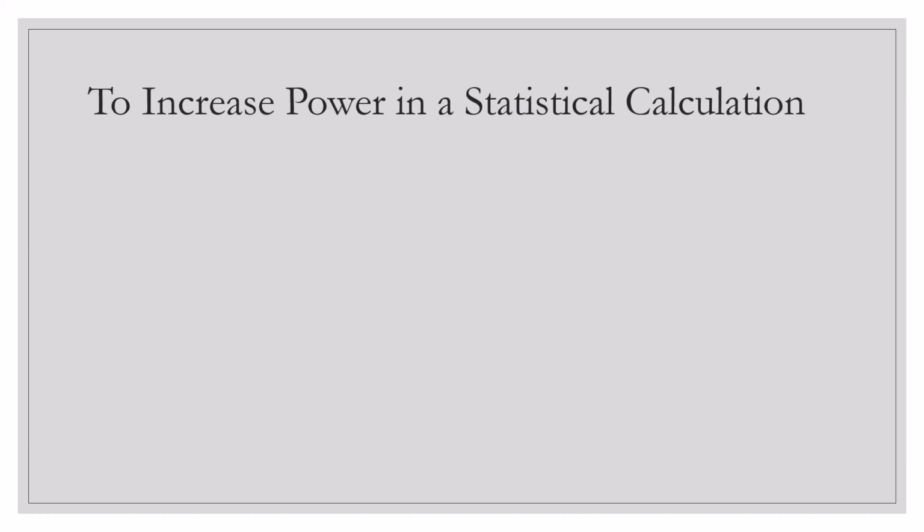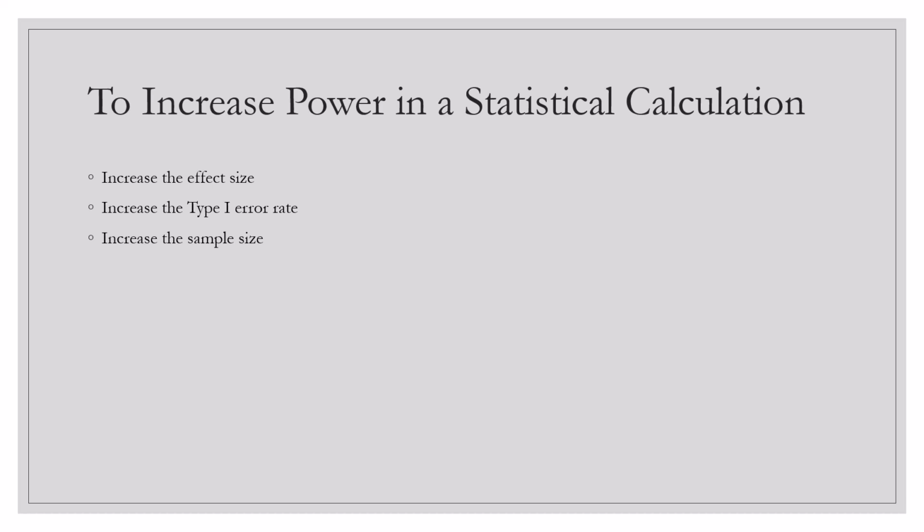Usually when people think about what influences power, they think about how to increase the power in a statistical calculation. And when you do that, you focus on three things: the effect size, the type 1 error rate, and the sample size. If you set any three of those, we can do a statistical calculation to calculate the power.